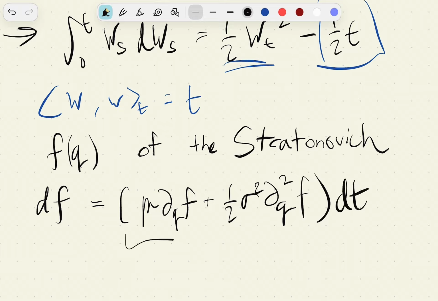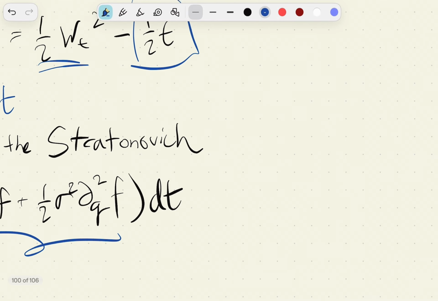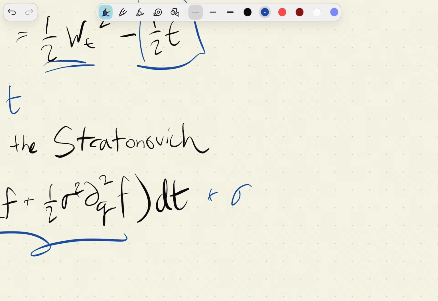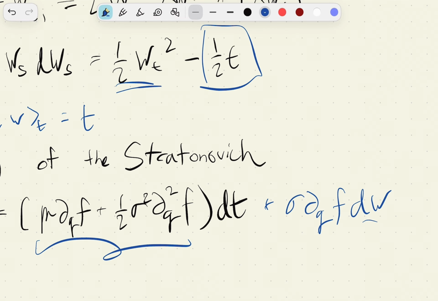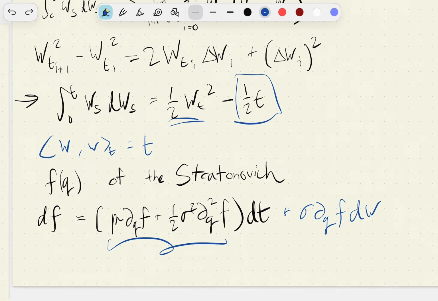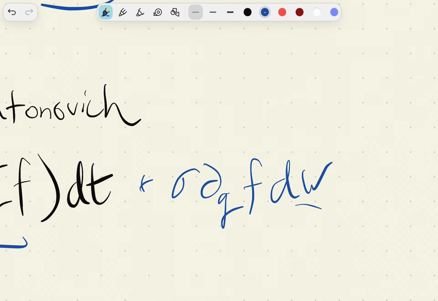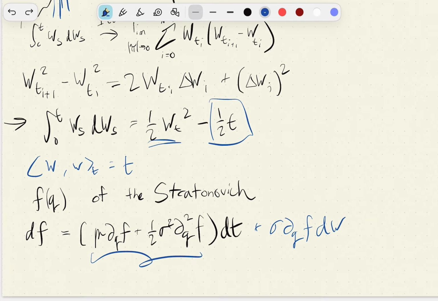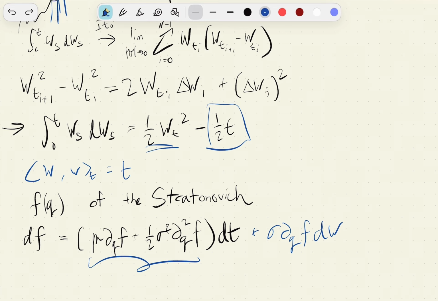And this is our drift part of the stochastic differential equation. And the diffusion would be the derivative of the function itself scaled by the square root of the variance, dW. And again, dW is the process itself, all right? So this extra term here, let's do it with red, why not?